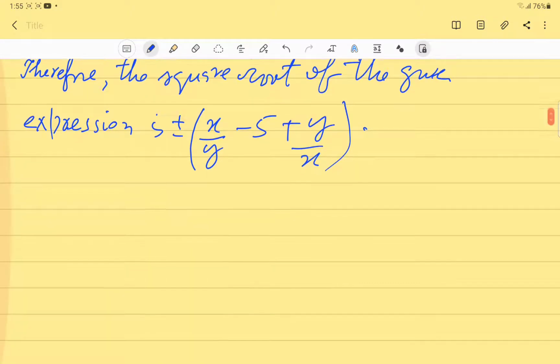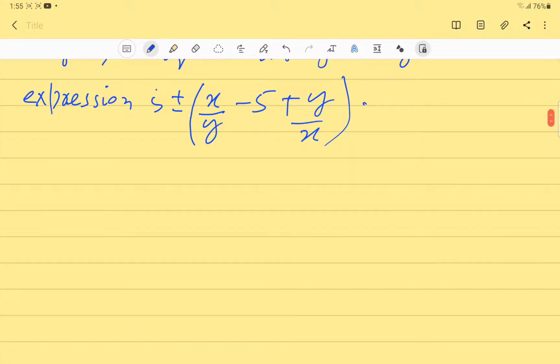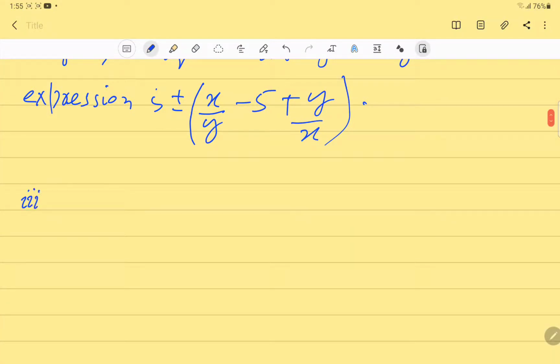Now we move on to our last question, the third one. This one also involves fractions.